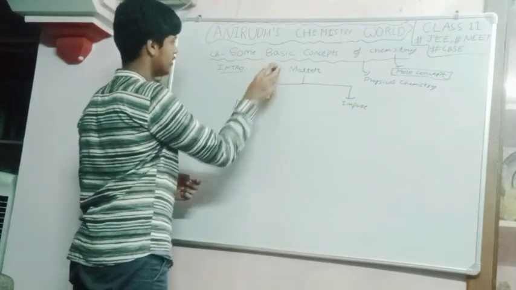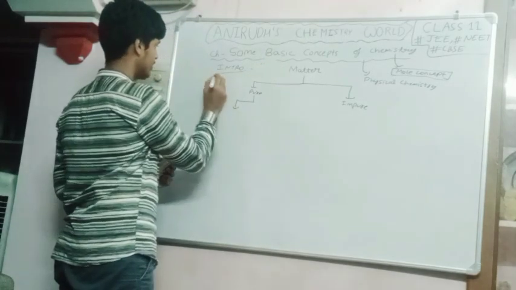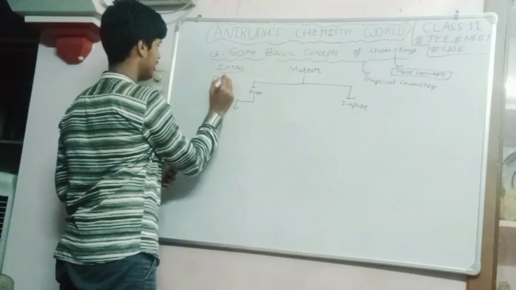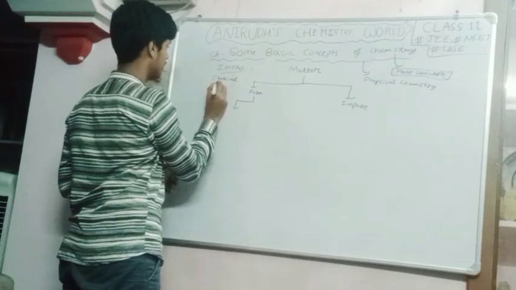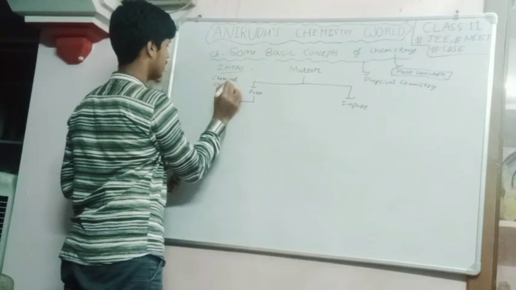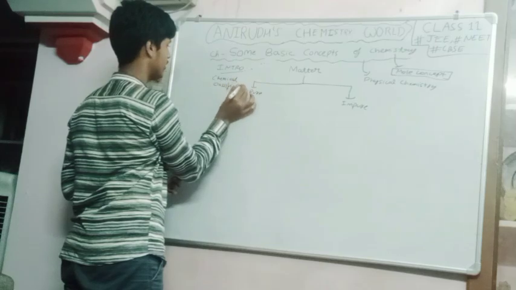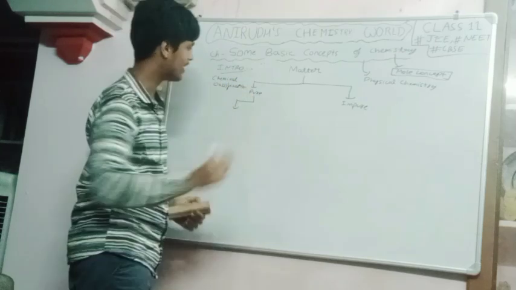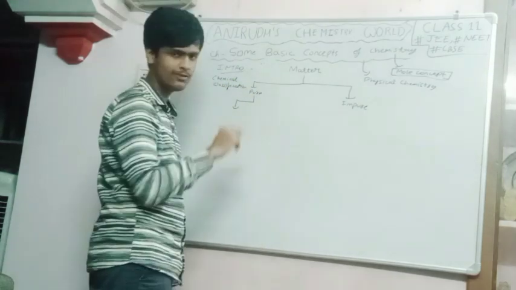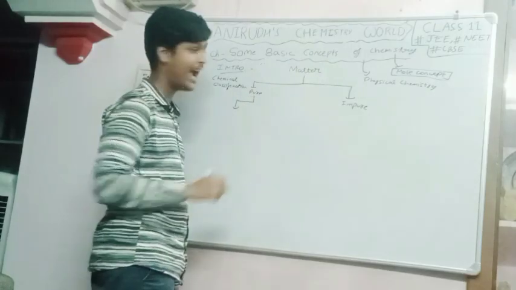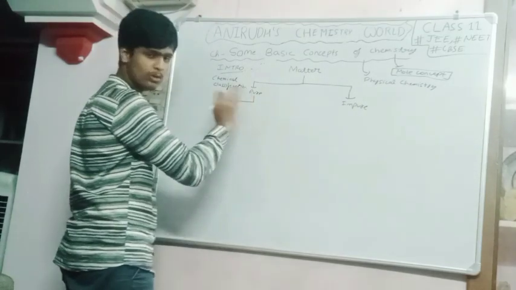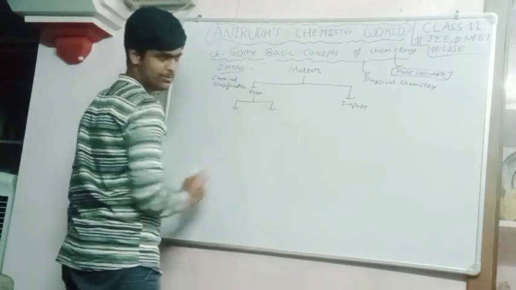I will be writing here for your better clarity. This is chemical classification. Matter is divided into two types: pure and impure. This pure matter is again of two types.